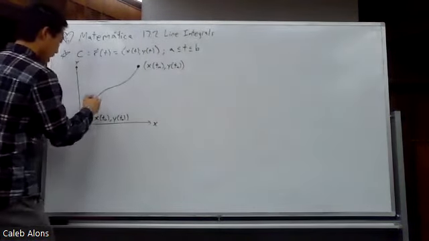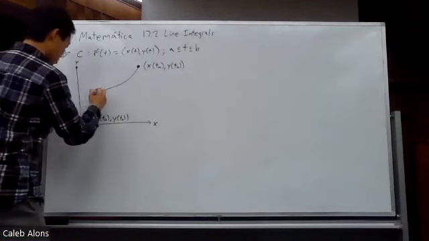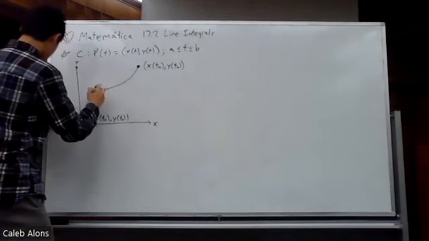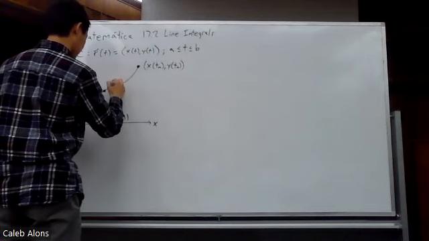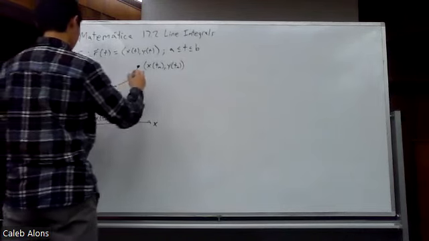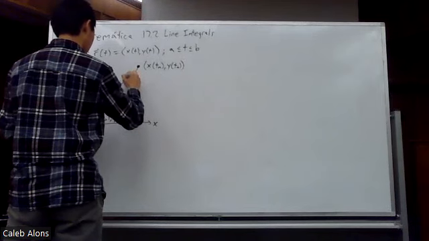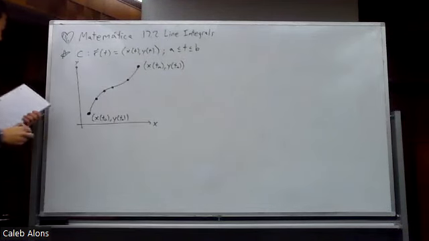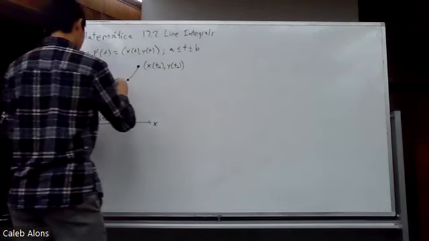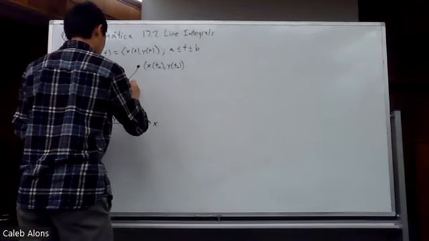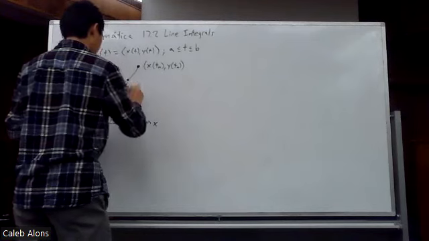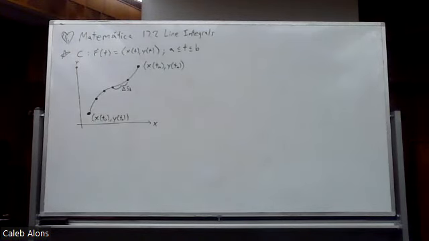And the idea is, as we move along this, what we're doing is we're progressing along these parameterized partitions, basically, as we go up. And so each one of these little pieces is a change in the arc length, some delta s k, change in arc length.